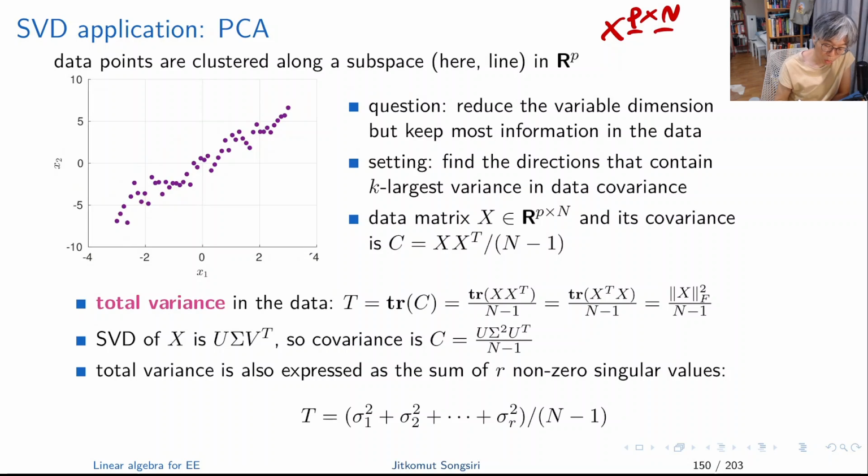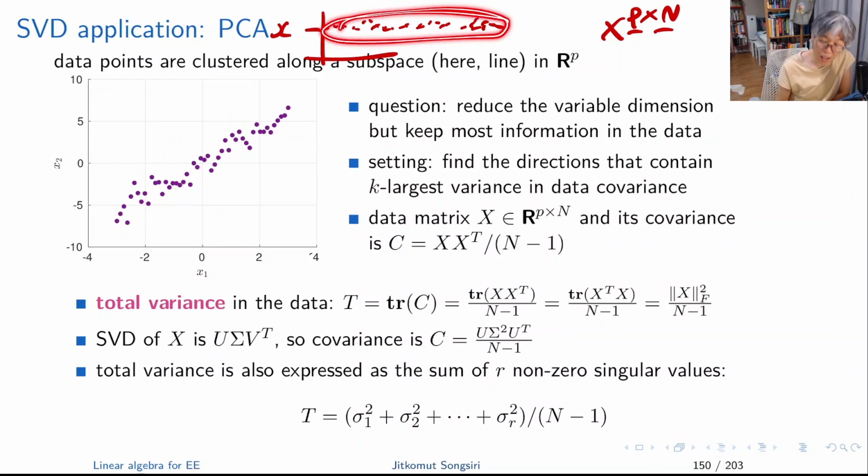So you don't prefer data that is clustered or concentrated at some value all the time, and that data has small variance.